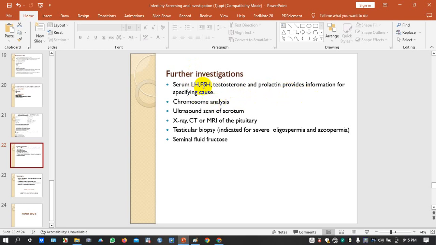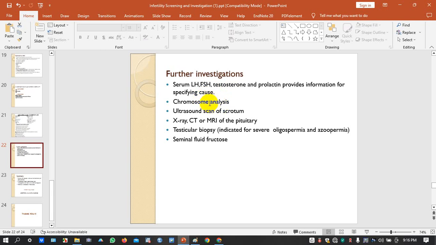Prolactin in women affects oogenesis, while these three affect spermatogenesis. So if their levels are normal, it is good; you don't have any sperm problem and your testicular function is normal. But if their levels are lower, it means your testicular function is not normal.